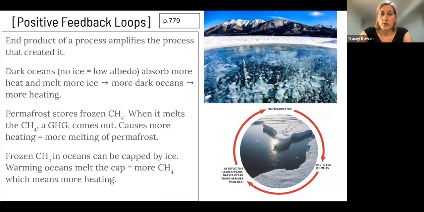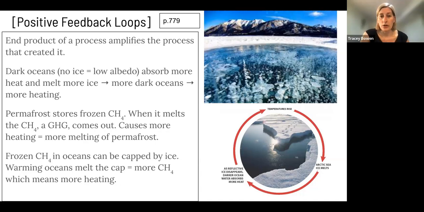Permafrost stores frozen methane, CH4, and when it melts, methane, a greenhouse gas, comes out, which causes more heating, which causes more melting of permafrost, which then causes more release of methane. And actually, you can see these bubbles here are the release of methane from underground water sources, because frozen methane in oceans can be capped by ice.